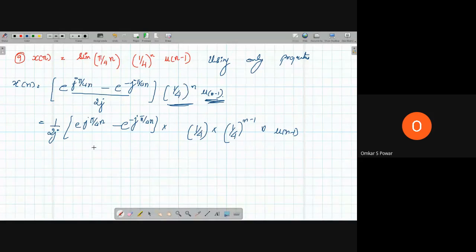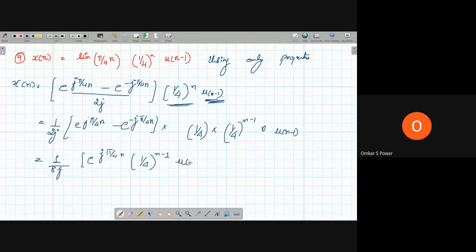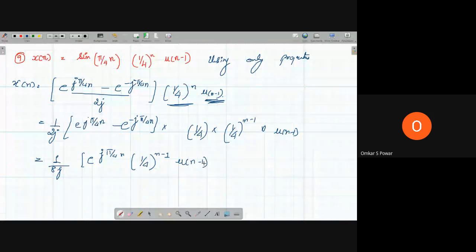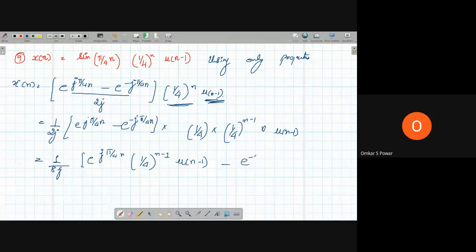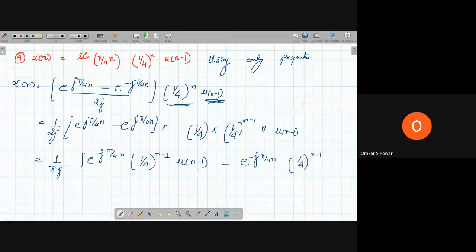Then you can multiply these things. It will become 1/8 e^(jπn/4) (1/4)^(n-1) u[n-1] minus e^(-jπn/4) (1/4)^(n-1) u[n-1].